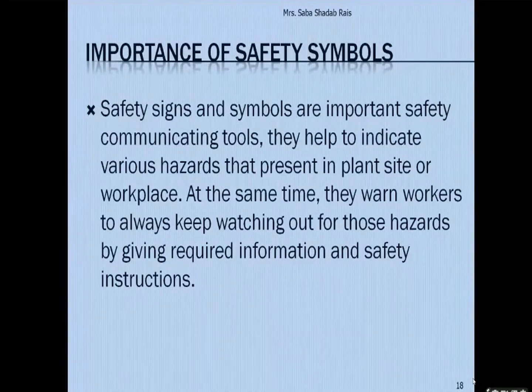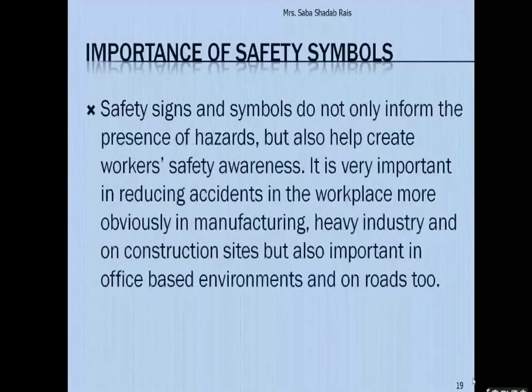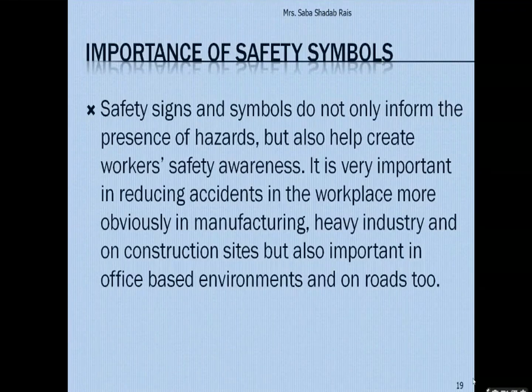On the road also you will find all the safety symbols. Now what is the most important thing about the safety symbol? It reduces the risk of accident in the workplace, and if it is followed properly, it enables people to work in a very safe environment.